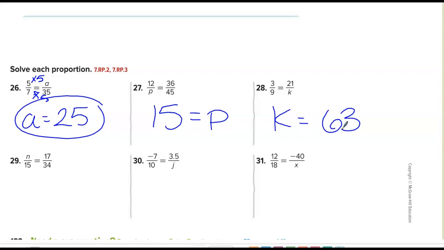What'd you get for 29, Jack? You want to use a calculator quick to find it?